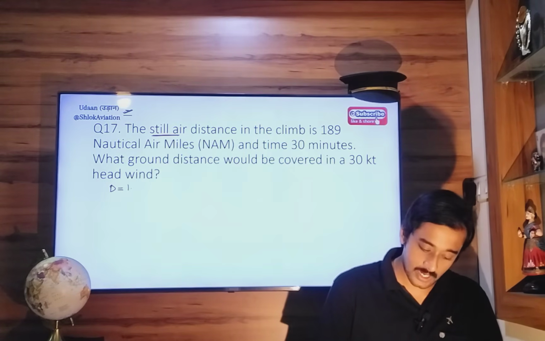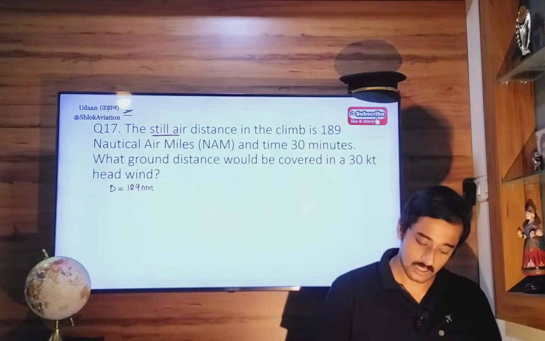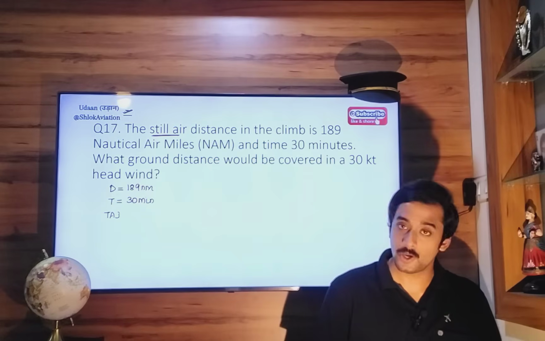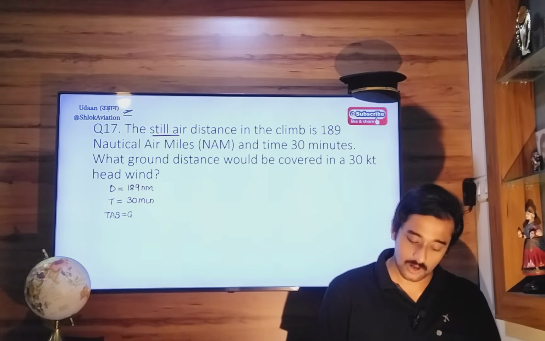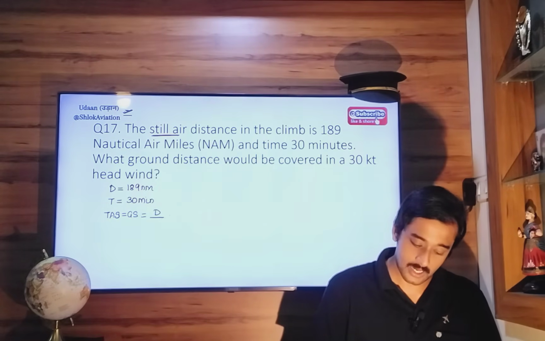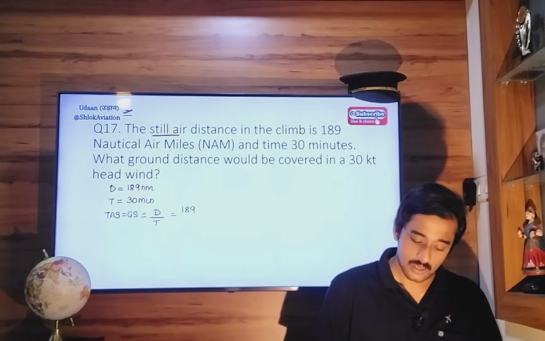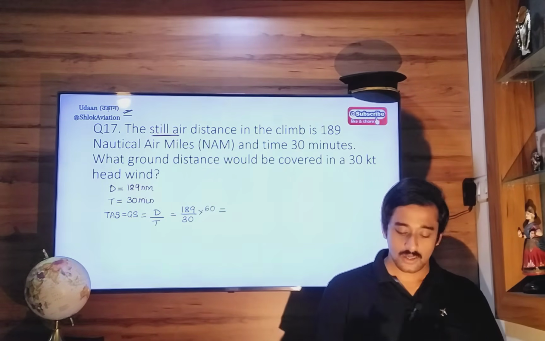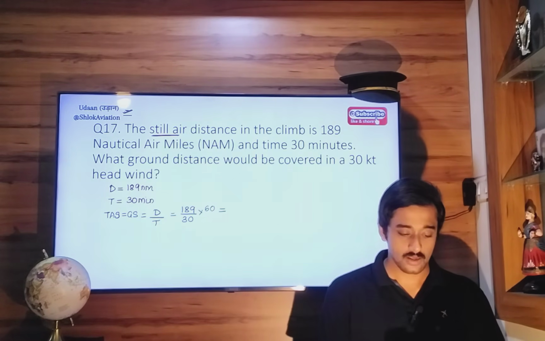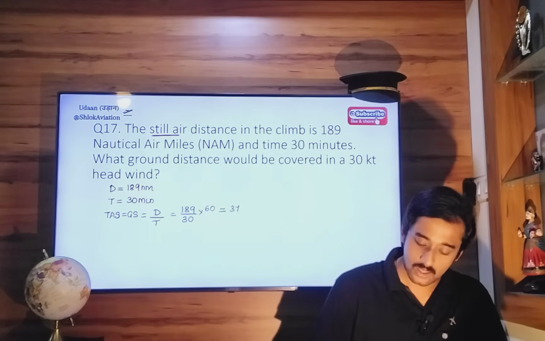Distance equals 189 nautical miles, time 30 minutes. Ground speed will be equal to your true airspeed because you are flying in calm atmosphere. So distance divided by time: 189 nautical miles divided by 30 minutes into 60, converting that into hours. So 189 into 60 divided by 30 is 378 knots.